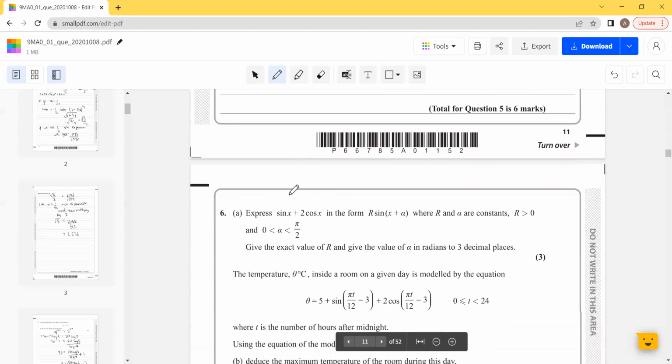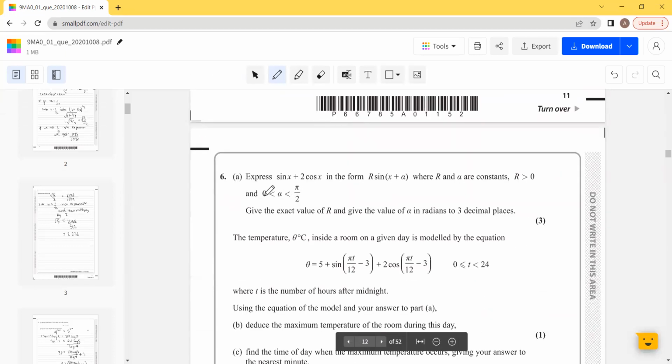Okay. Question 6. A, express sine x plus 2 cos x in the form r sine of x plus alpha, where r and alpha are constants, r is greater than 0, and alpha is between 0 and pi over 2. Give the exact value of r and give the exact value of alpha in radians to 3 dp.